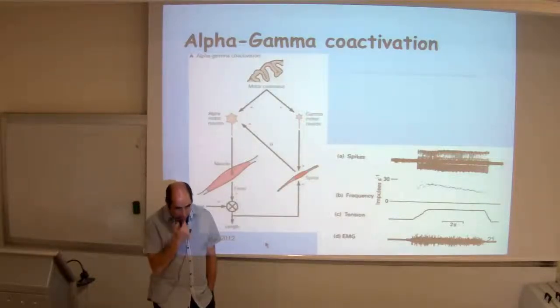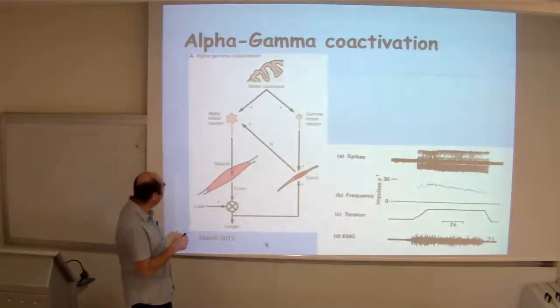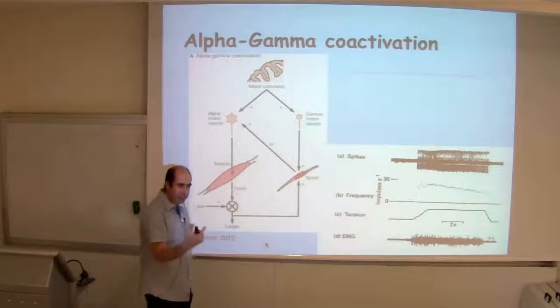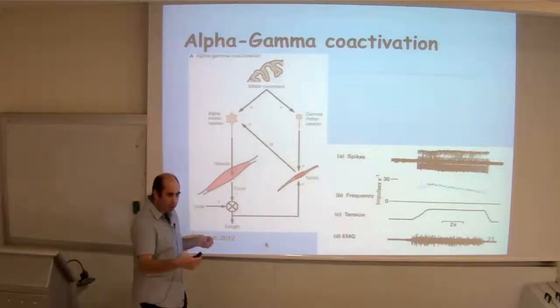So you activate the alpha motor neuron, the muscle contracts. Then, after it contracts, the load on the muscle spindle is reduced, so you have to activate the gamma motor neurons in order to keep the spindle stretched. So you do that in parallel.